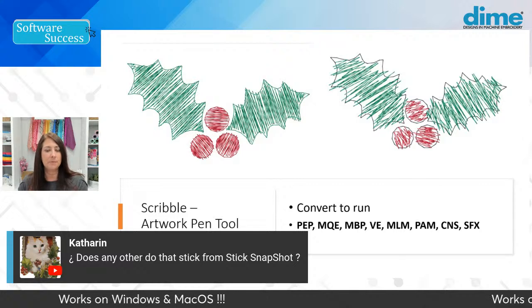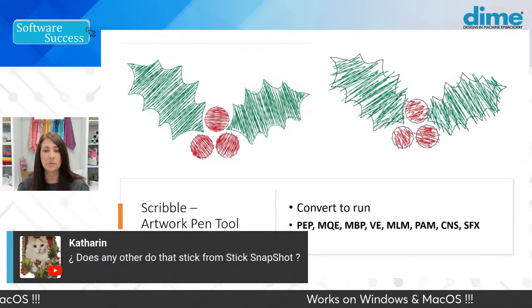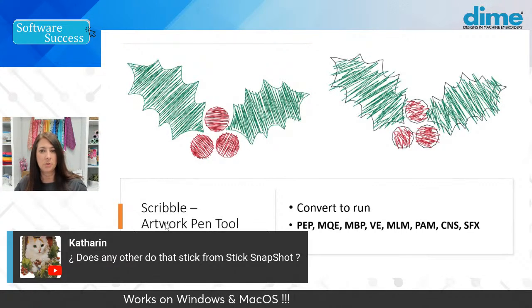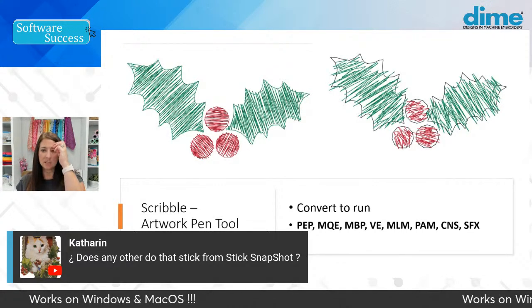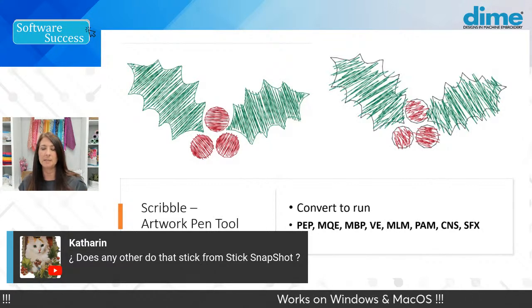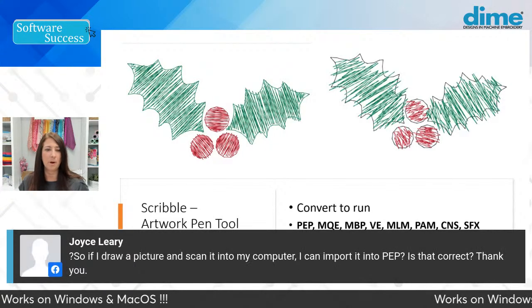Those types of stitching are manual stitches that are placed down to create that look, and none of our other Dime software has those two styles of stitching. But really, Stitch Snapshot is a very inexpensive one of our Dime software. So if you like those stitches, it would be worth probably getting that.